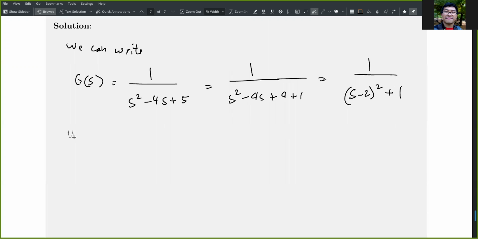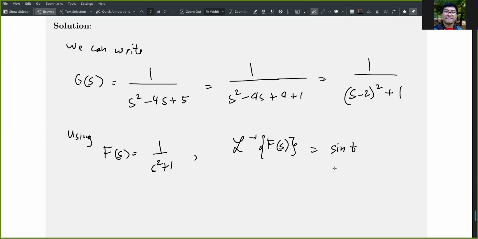Take note that we can use F(s) equal to 1 over s squared plus 1, whose inverse Laplace transform is sine t.